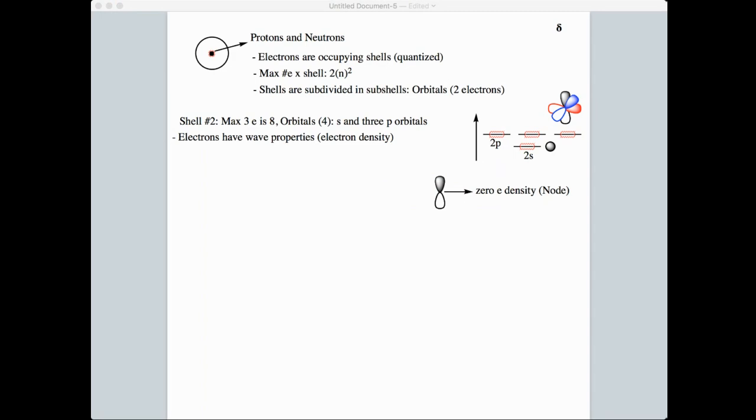Beautiful. So the shading refers to the sign of the wave function. When we look at the p orbital, the sign of the wave function here is positive or negative, and here the opposite, right? So it's not that there is electron density here and here there is nothing. No, there is electron density in both lobes, and the shading only refers to the sign of the wave function.